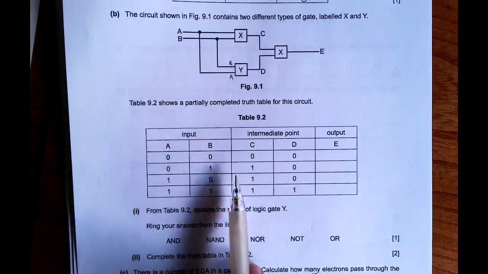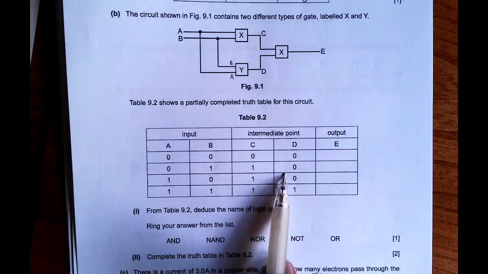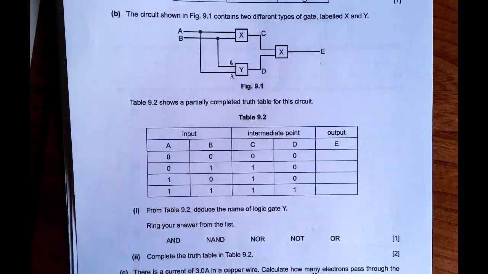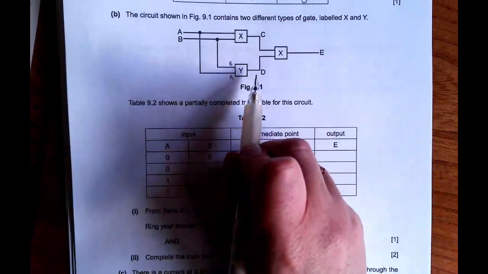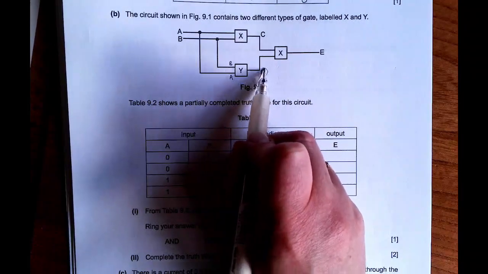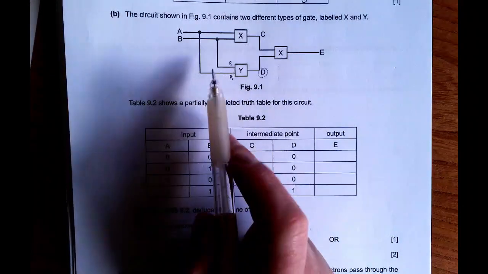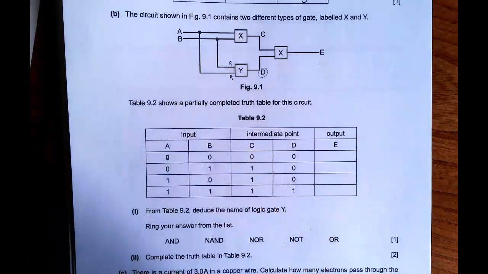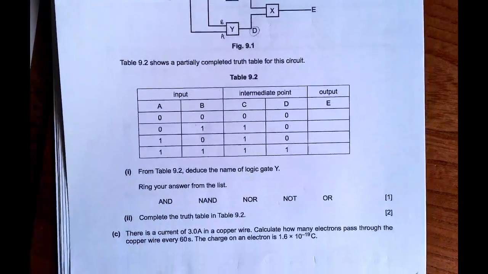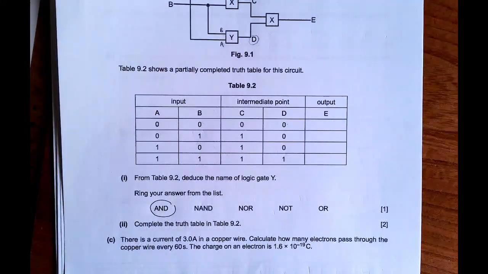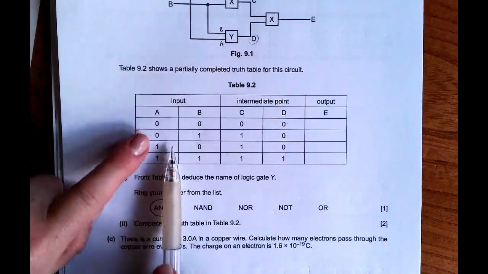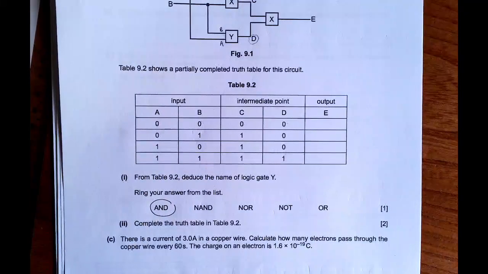When we have a 1 or a 0, we get 0, and then a 1 and a 1 makes 1. So you can see that the only way the output of Y becomes a 1 is if both of the inputs are a 1. So that must mean it is an AND gate. Okay, I need both 1s to make a 1 output. On all of the others I have zeros and I get an output of 0.